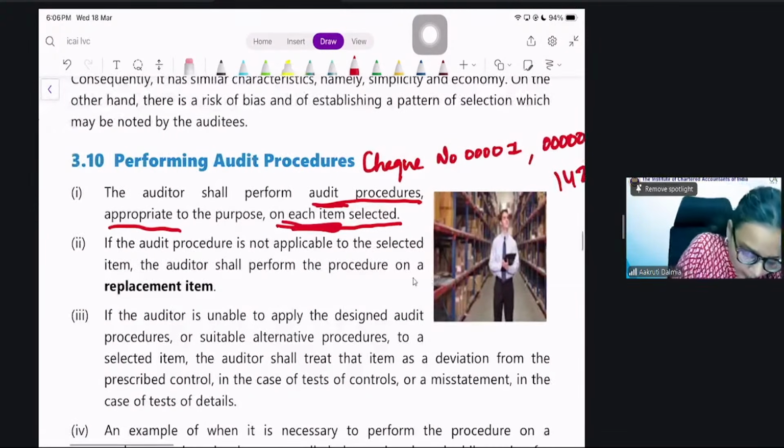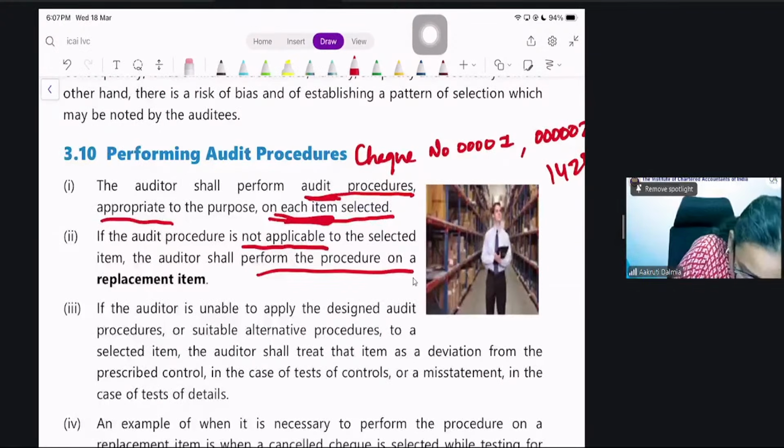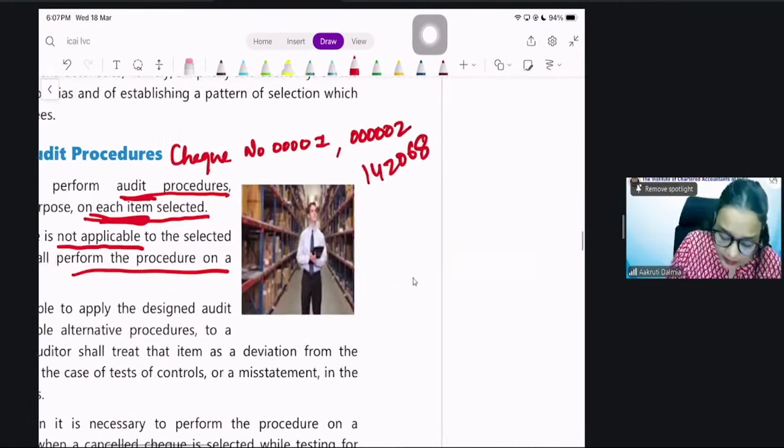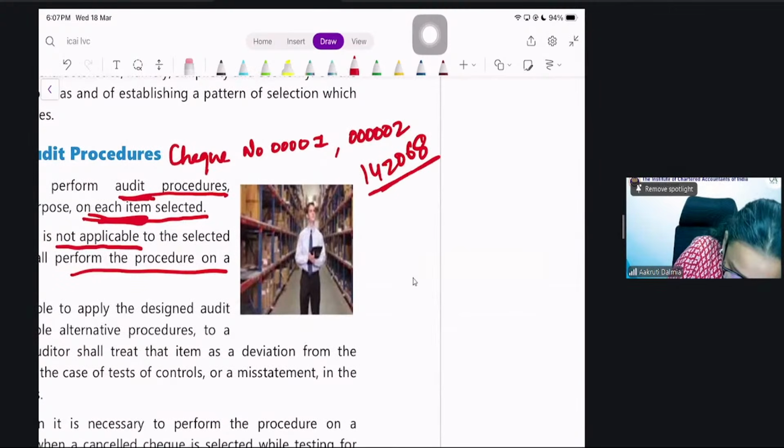Next, what is written? If audit procedure is not applicable to a selected item, you will perform the procedure on a replacement item. What does this mean? Let's say that you selected check number 142068, but you came to know that this check was cancelled.